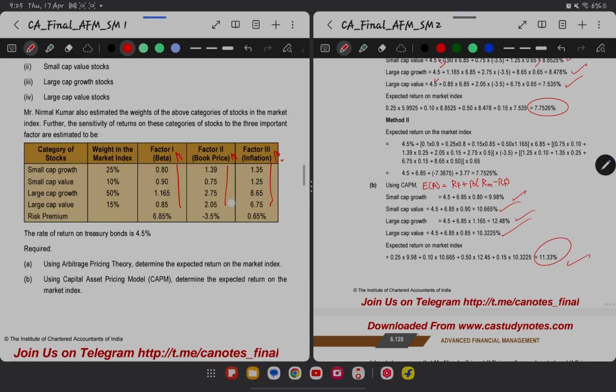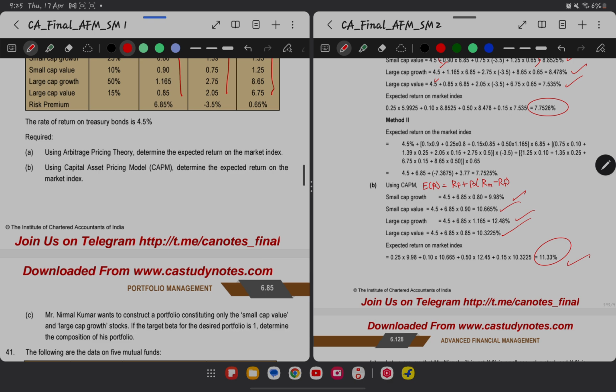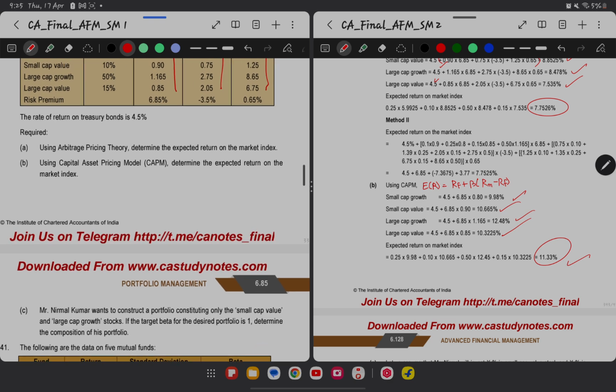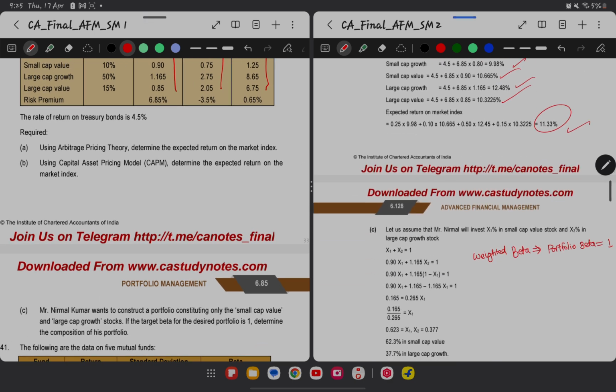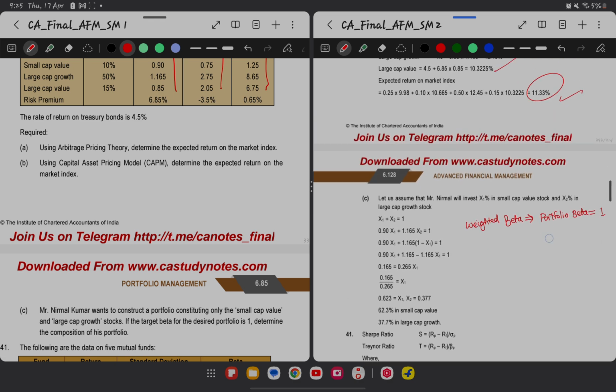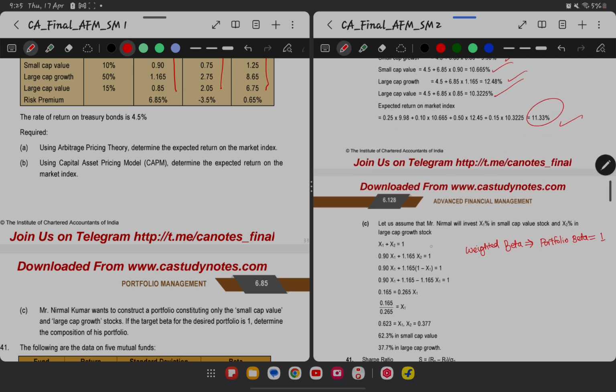Now the third requirement is: Mr. Nirmal Kumar wants to construct a portfolio consisting only of the small cap value and the large cap growth stocks. If the target beta for the desired portfolio is 1, determine the composition of his portfolio. Now, as in our previous problems, we find the portfolio's beta by the weighted beta of the individual stocks, right?